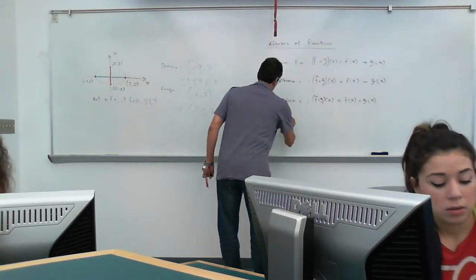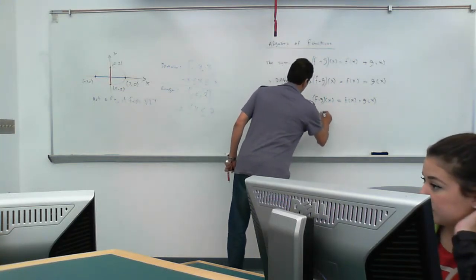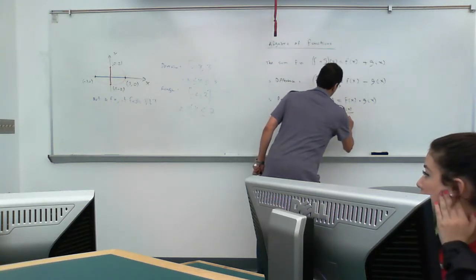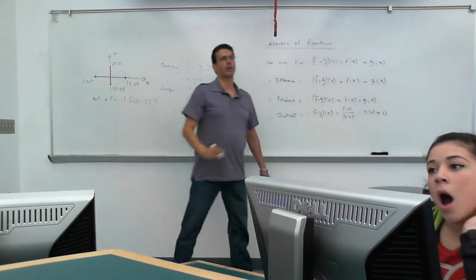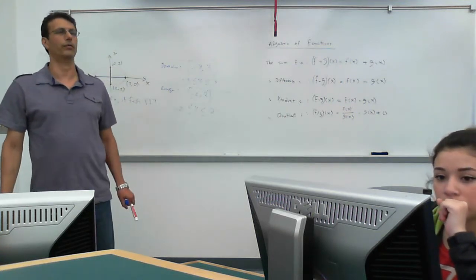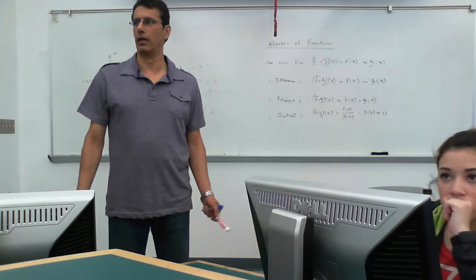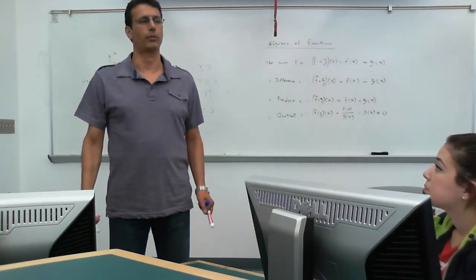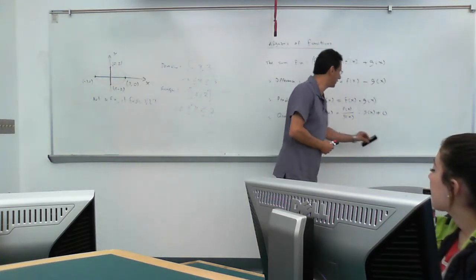The quotient function, f over g of x, is defined as f of x over g of x, and as always, denominators can never be zero, right? So g of x in this case can't be zero. That's called algebra of functions.